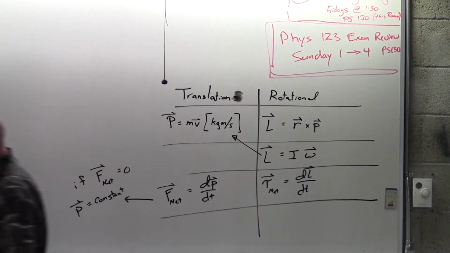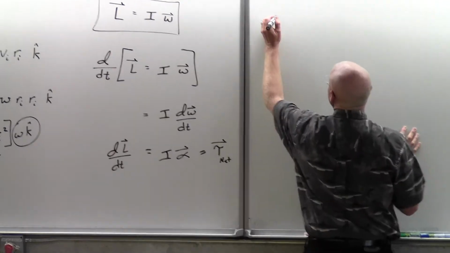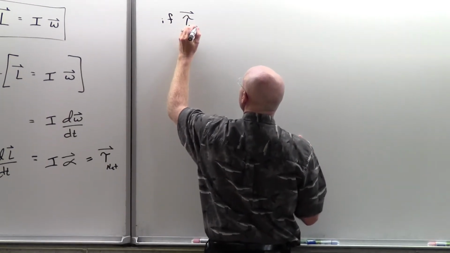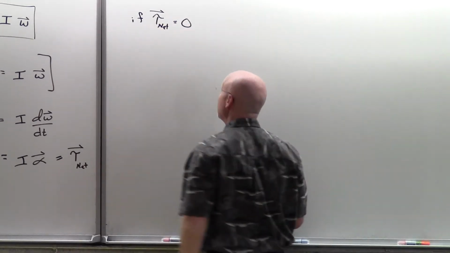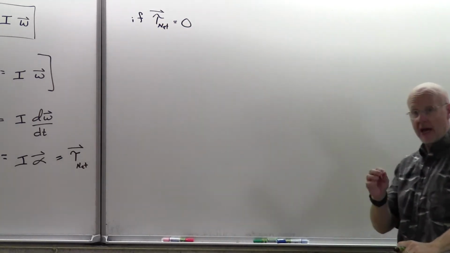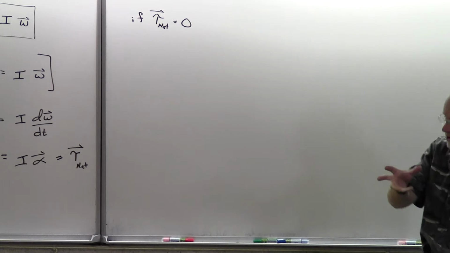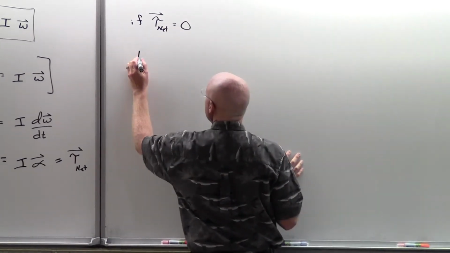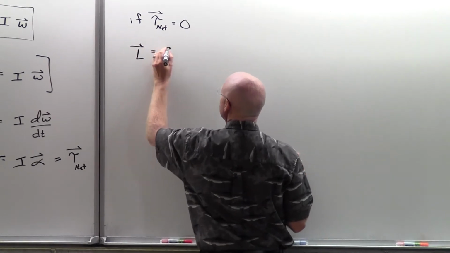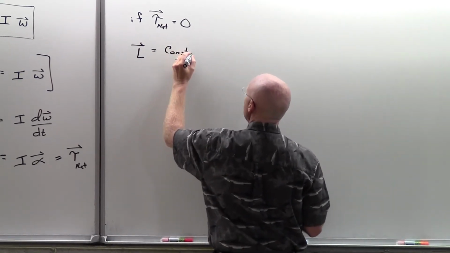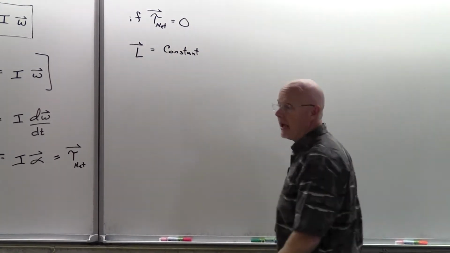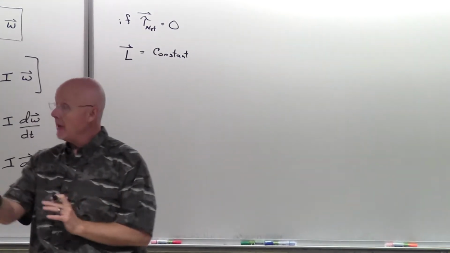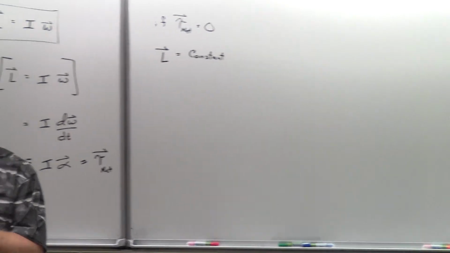I can come over here and simply say, in very useful cases, if the net torque is equal to 0, so if I think of those two together, then the angular momentum will not change. And so we have our third important conservation, and maybe I even should say last conservational principle.